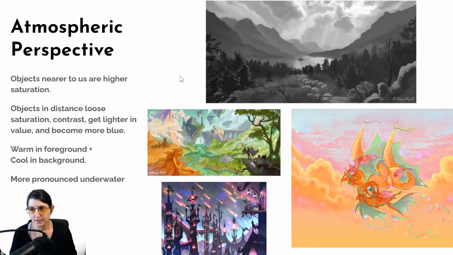Air is not actually clear. Air has some substance to it. If you're looking out at a vast landscape, you'll notice that the mountains closer to you are darker than the ones in the distance. The ones in the distance start to get lighter and they tend to get more blue. I wish I had one in color for you.